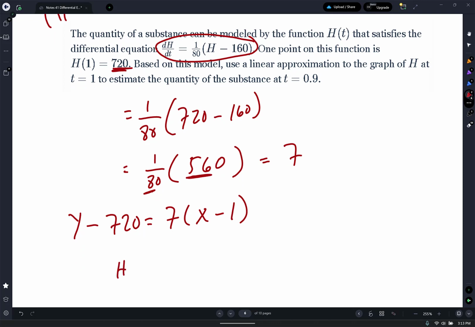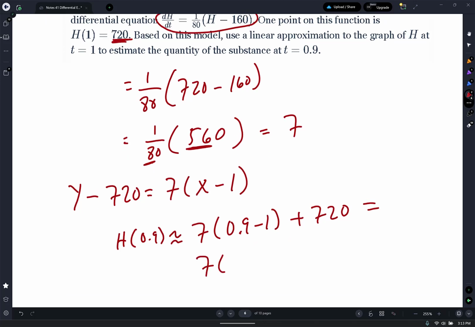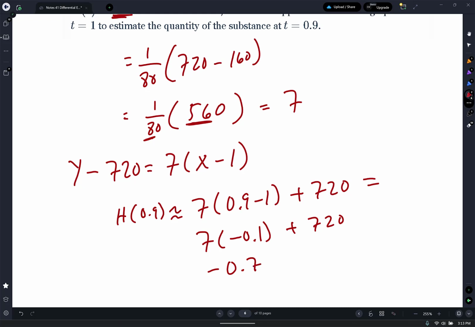So h of 0.9 is approximately 7 times (0.9 minus 1) plus 720, which equals, let's see, 0.9 minus 1 is negative 0.1, so negative 0.7 plus 720, which equals 719.3 of something.